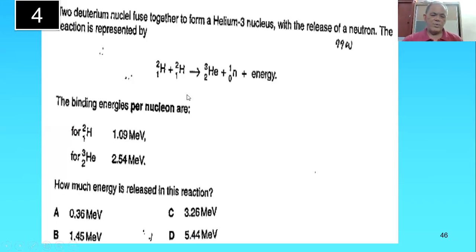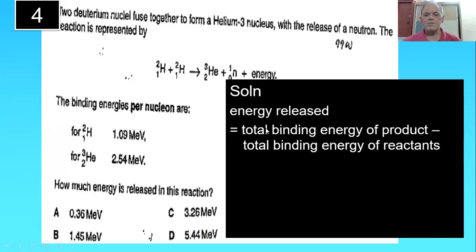Okay, so we have to start with the binding energy first. So energy release is your total binding energy of product minus the total binding energy of reactant. So the product, helium, there are 3 nucleons. Remember this is per nucleon, so times 3 nucleons.